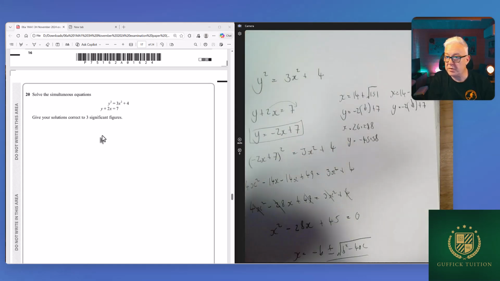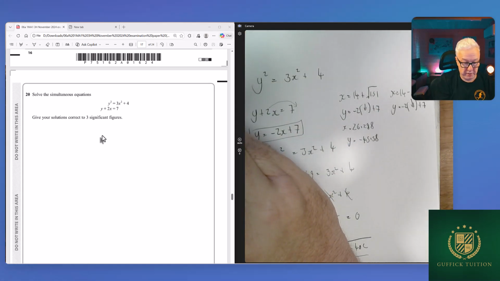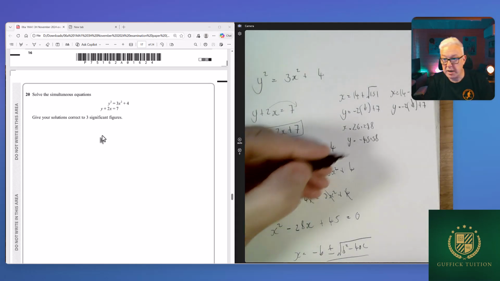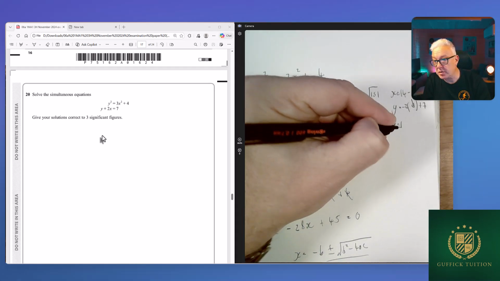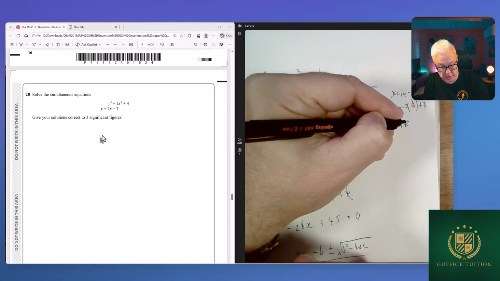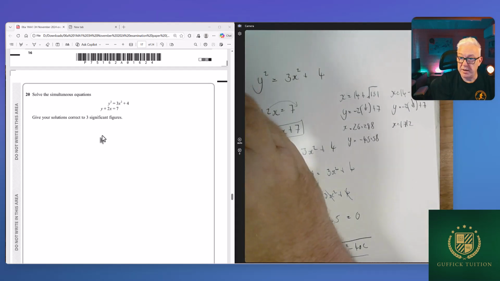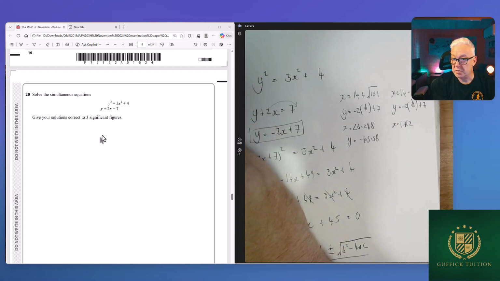Let's come over here and do the other one. So now we have 14 minus root 151 gives us 1.711. So that is x is equal to 1.712, I think it is. And then we're going to put that into the formula, minus 2 times x add 7.